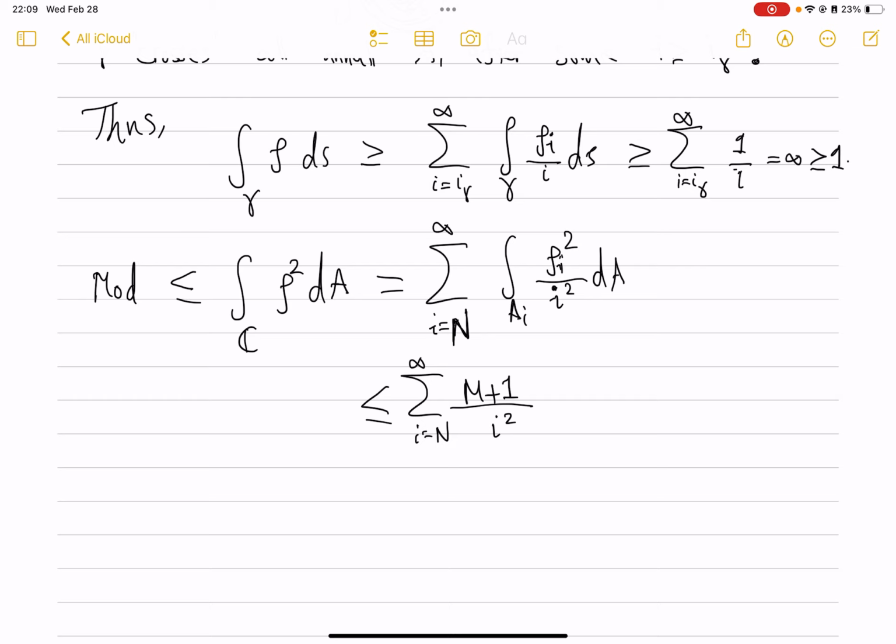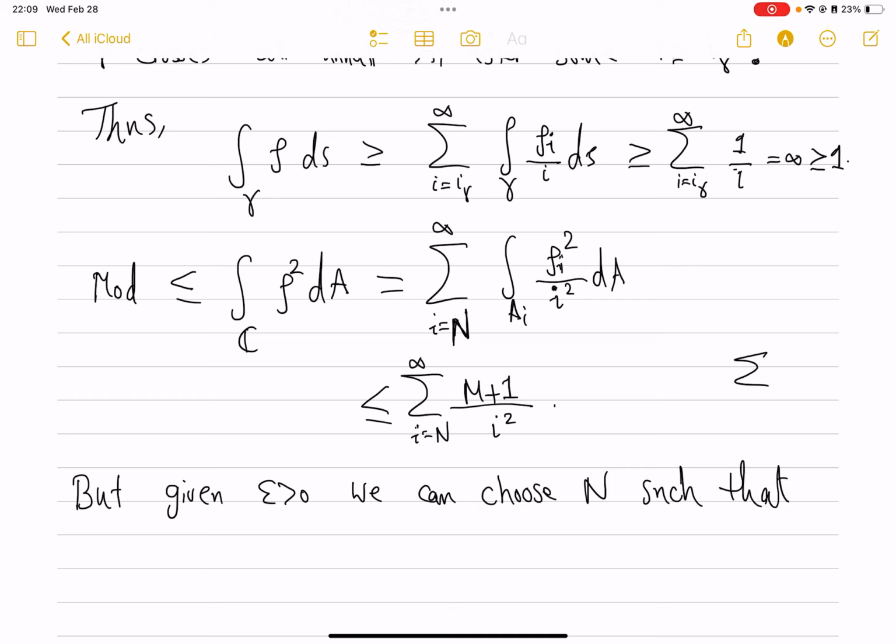So this estimates the modulus from above, and for every n we have this situation. Given epsilon positive, we can choose n such that, since the summation of 1 over I squared, I from 1 to infinity, is a bounded convergent series, if you start later and later, this summation will be smaller and smaller.